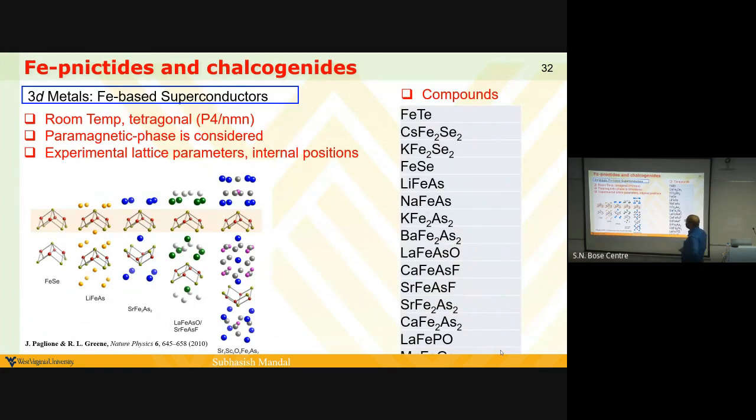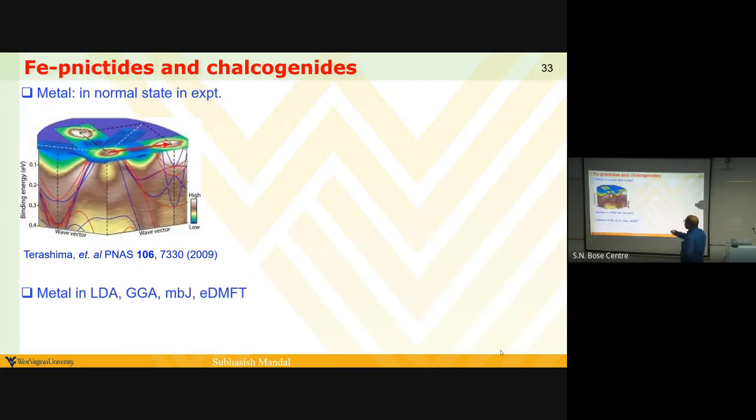In the normal state, they are all metals. So in the next set of materials, we investigated all these iron-based superconductors. If you do a simple LDA calculation, it will take only 2 minutes or so for this simple structure, FeSe or something.